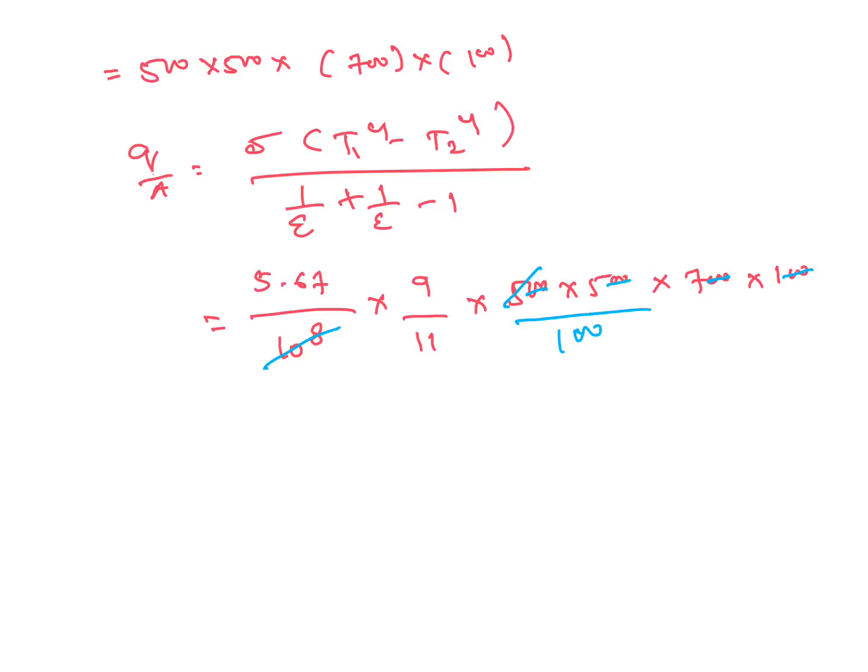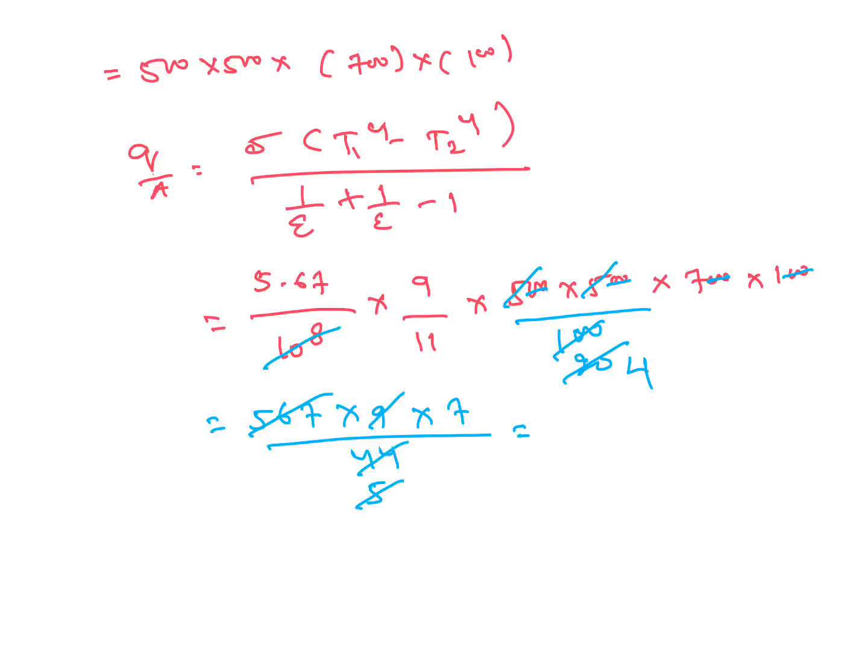So 567 into 9, 7 by 44. Here 44, you make it 45. 9 into 5, then 5, 1, 1, 17, 5 into 3.